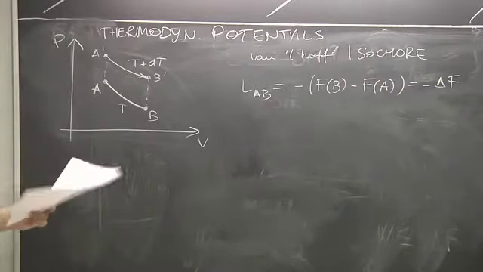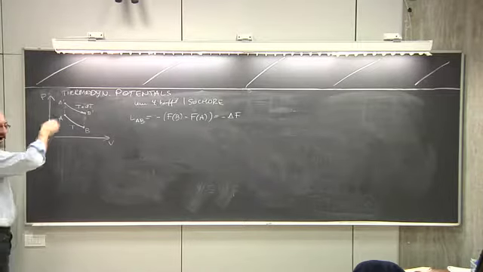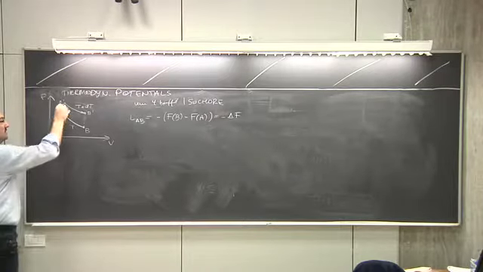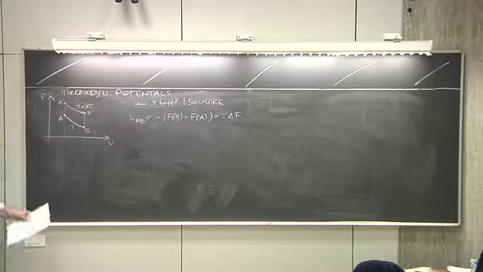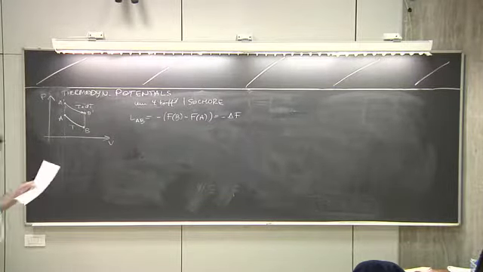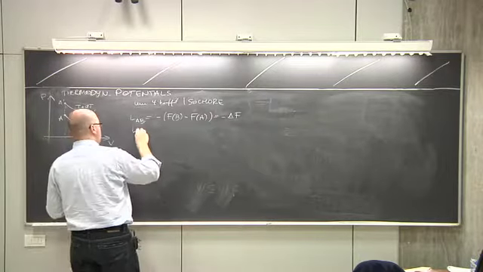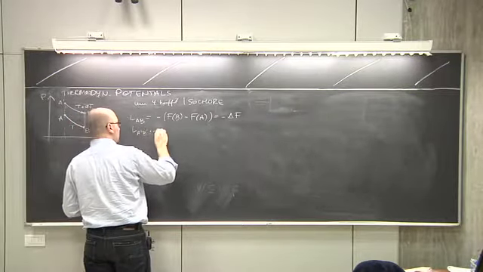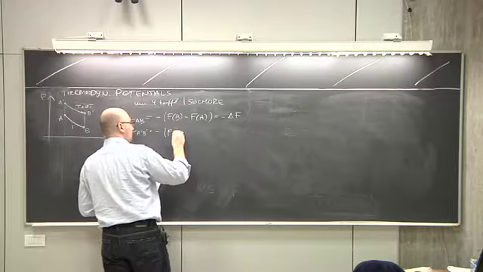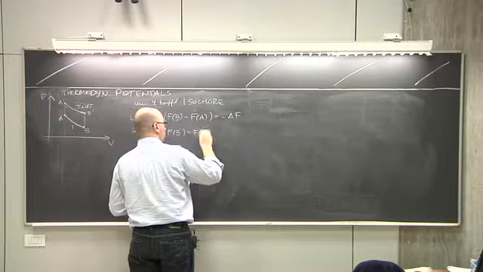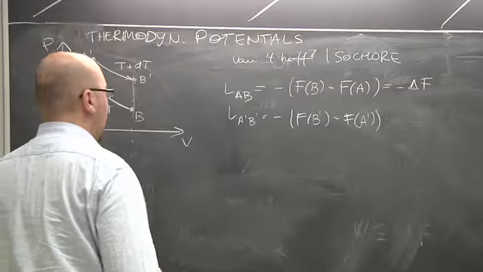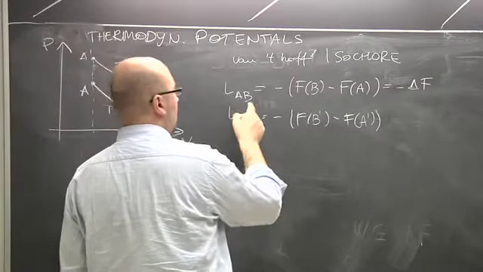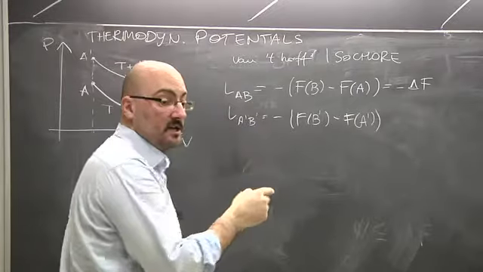So here is where the isochoric enters, because this volume is the same. Okay, so L of A prime B prime is equal to minus F of B prime minus F of A prime. And we want to look at the infinitesimal change.